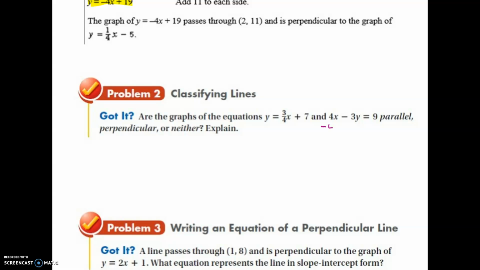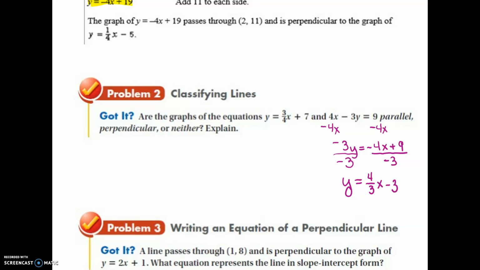So I'm going to just subtract the 4x to move it over to the other side here. So we have -3y = -4x + 9. And then I need to divide by -3 to all terms. So my new slope-intercept form, two negatives make a positive, so that's going to be 4/3 x, and that is going to be a -3 when we divide those.